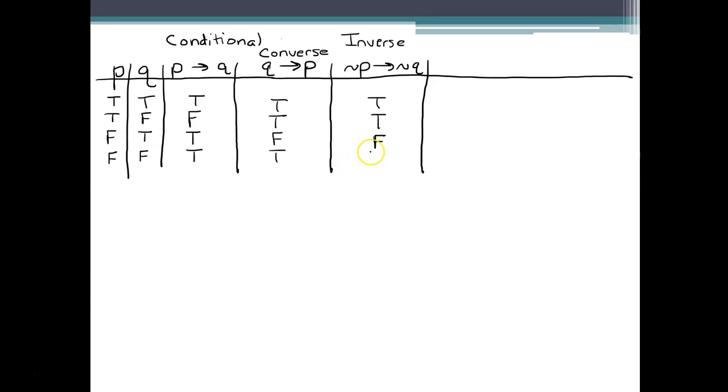True to true would be true. Notice that these two come out the same. So the converse is logically equivalent to the inverse. Basically, if you switch the order and negate them both, you've got something that's logically equivalent.